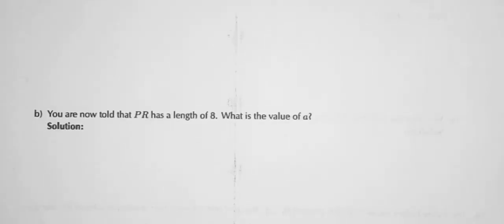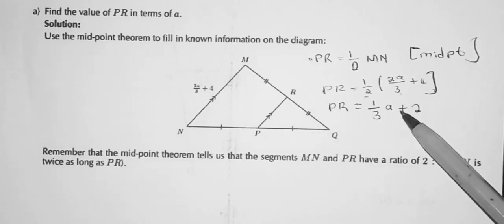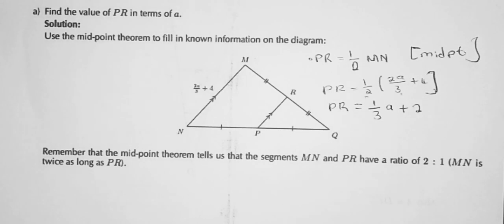You are now told that PR has a length of 8, and what is the value of a? So we take this number and calculate the value of a.